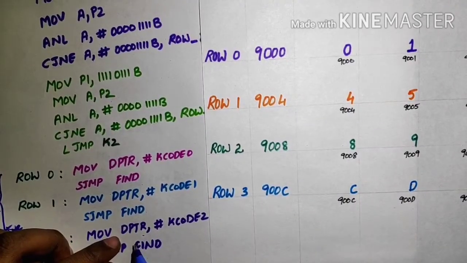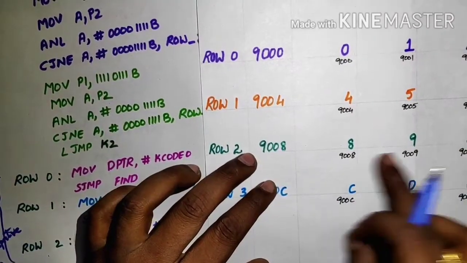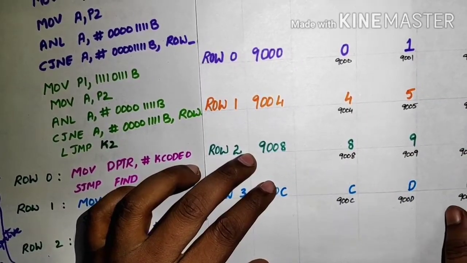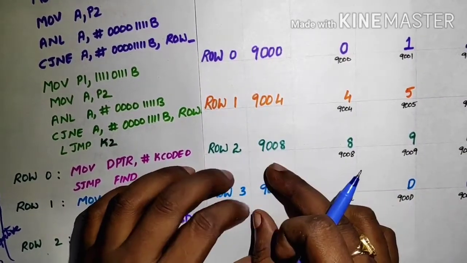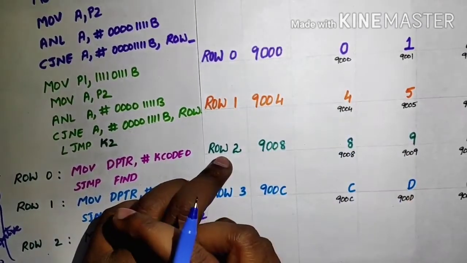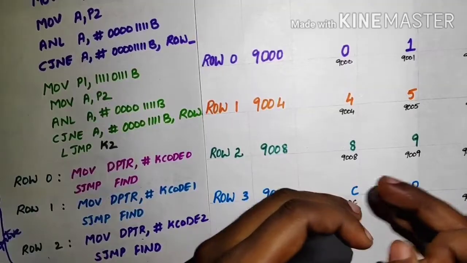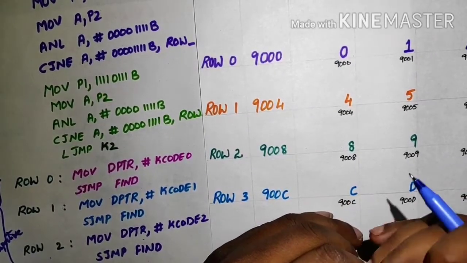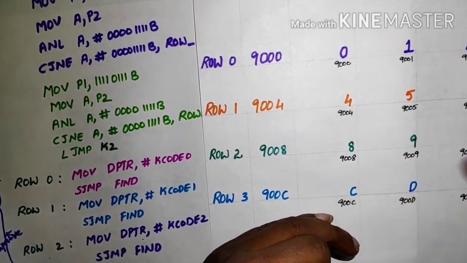Now after moving this, we have to find the value of that particular key pressed. We just loaded the value 9008 into the data pointer. Our key will lie in this particular row 2.